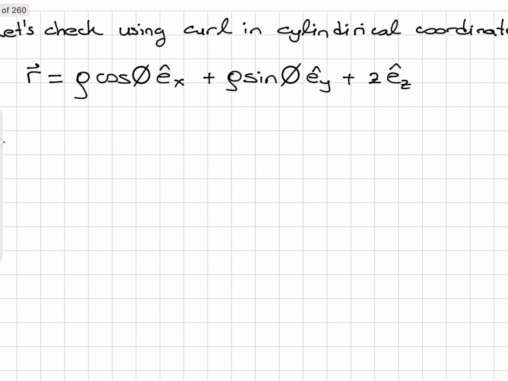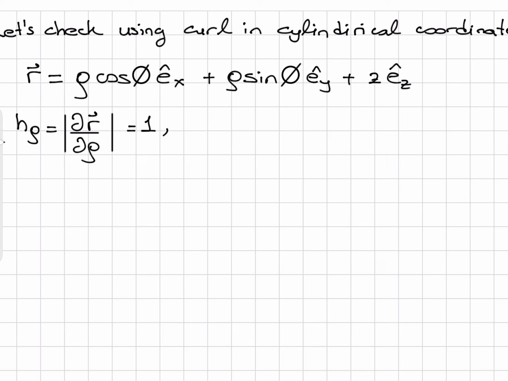And let's recall the scale factors. h sub rho is the magnitude of the partial derivative of r with respect to rho. And if I do that, what would I get? The partial derivative would get rid of these two rows. I would get square root of sine squared plus cosine squared, which is equal to 1.